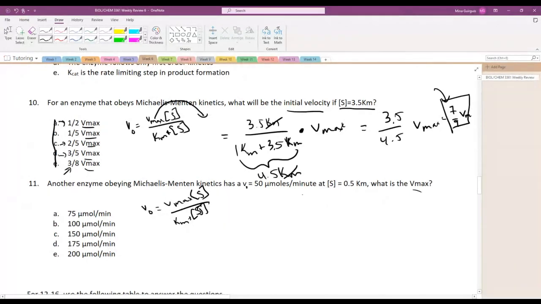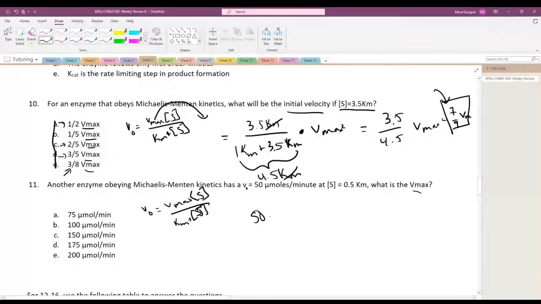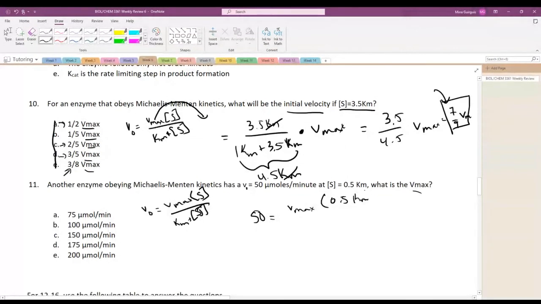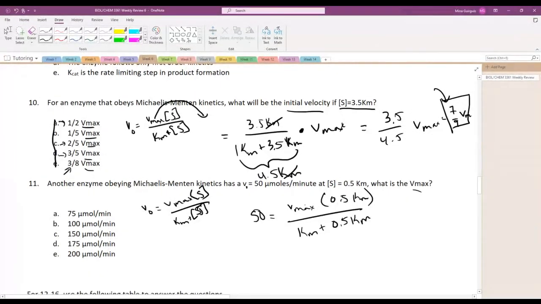I know that I'm looking for Vmax in the end, so that's great. So 50, and I'm going to deal with the units later. Vmax, 0.5 Km over 1 Km, and another 0.5 Km. So once again, at the bottom, we can just add these to get 1.5 Km.